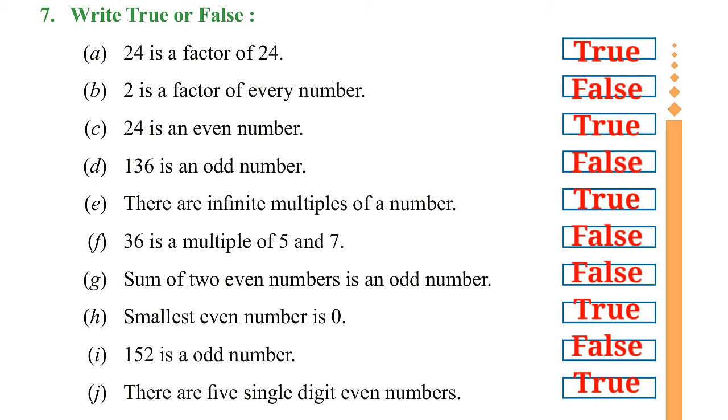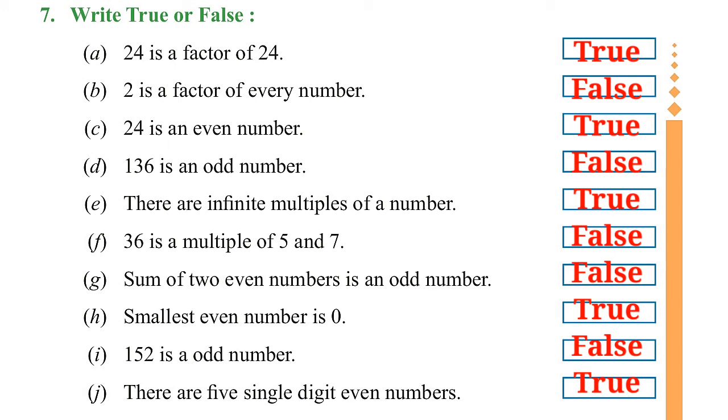G part sum of two even numbers is an odd number. So this is wrong. जब भी even numbers को दो even numbers को ऐड करती है तो हमेशा even number ही आंसर आता है. H part smallest even number is 0. So this is right. 0 is an even number, right? Now 152 is an odd number. So this is false. J part there are 5 single digit even numbers.